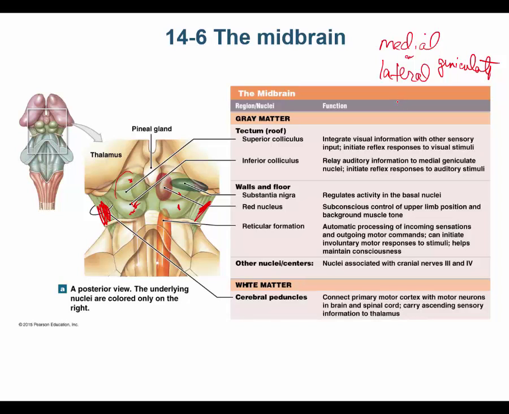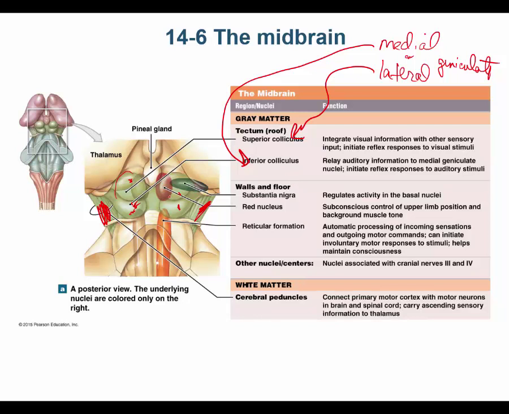So the visual input to your brain goes through the lateral geniculate nucleus, and then it goes to the superior colliculus. The medial geniculate nuclei, now your ears are lateral to your eyes, but the medial geniculate nuclei send information to the inferior colliculi because they take auditory information and send it to the inferior colliculus. So there you go.